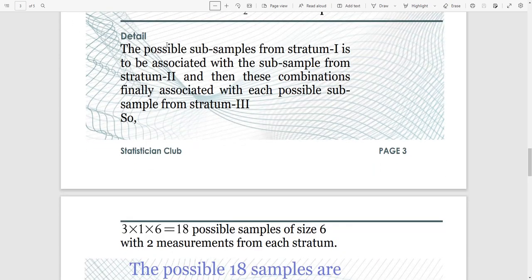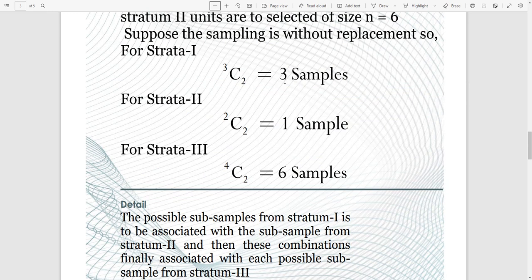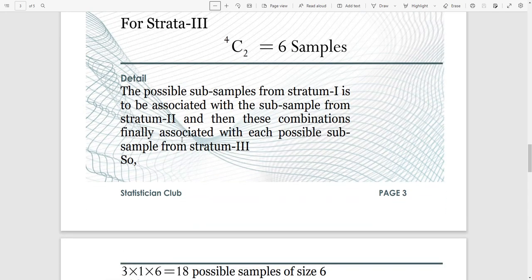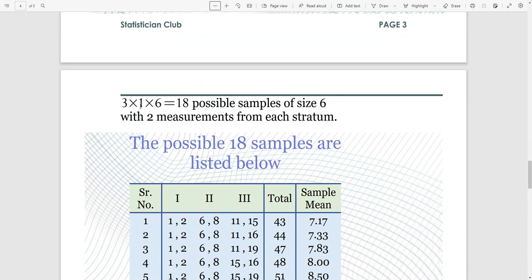Each possible subsample from stratum 1 is associated with the subsample from stratum 2, and then with each possible sample from stratum 3. So 3 multiplied by 1 multiplied by 6 gives 18. The total number of possible samples of size 6, with 2 measurements from each stratum, is 18.